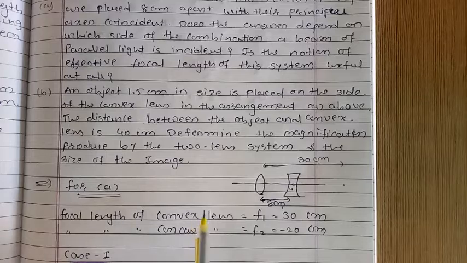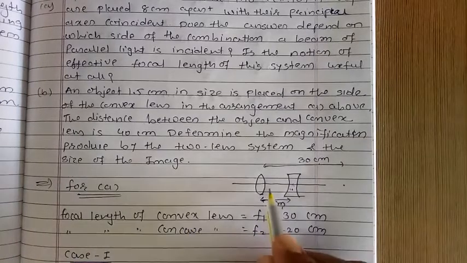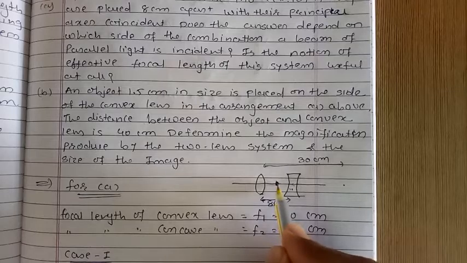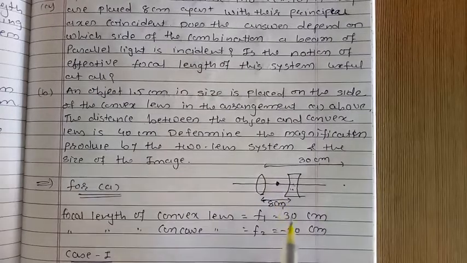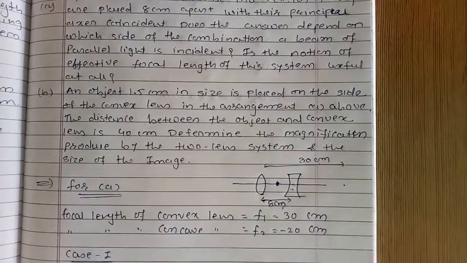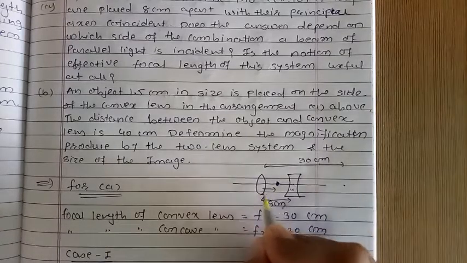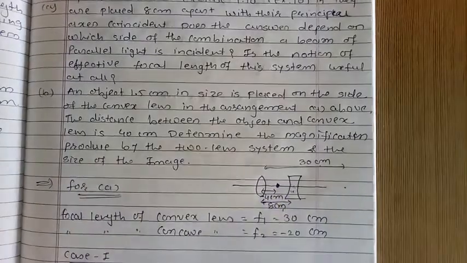If we want to define the distance from the midpoint, we have to subtract 4 from the 220, because here the total distance is 8, so the midpoint is at 4 centimeter. So this distance is 4 centimeter.